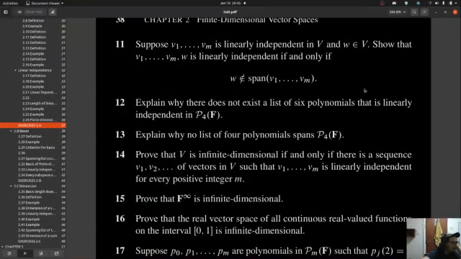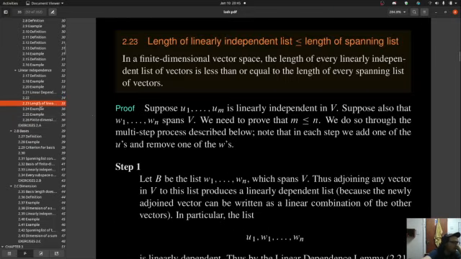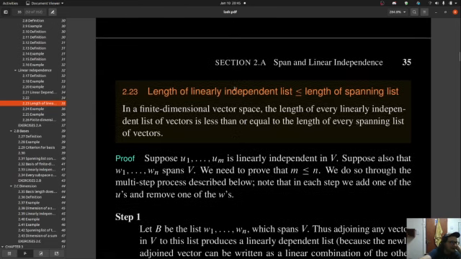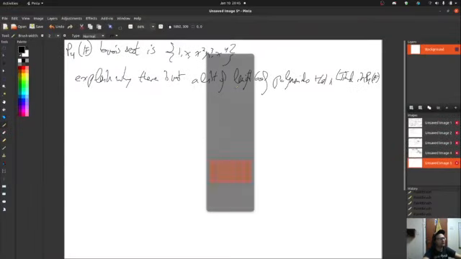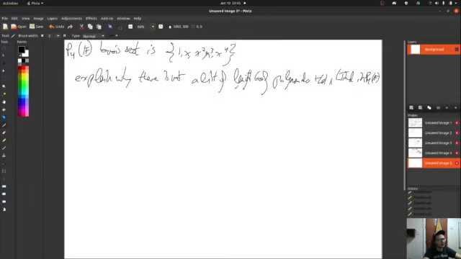And to do this, I'm going to go back here to 2.23. The length of every linearly independent list of vectors is less than or equal to the length of every spanning list of vectors. So the maximum length of a spanning list is 5.